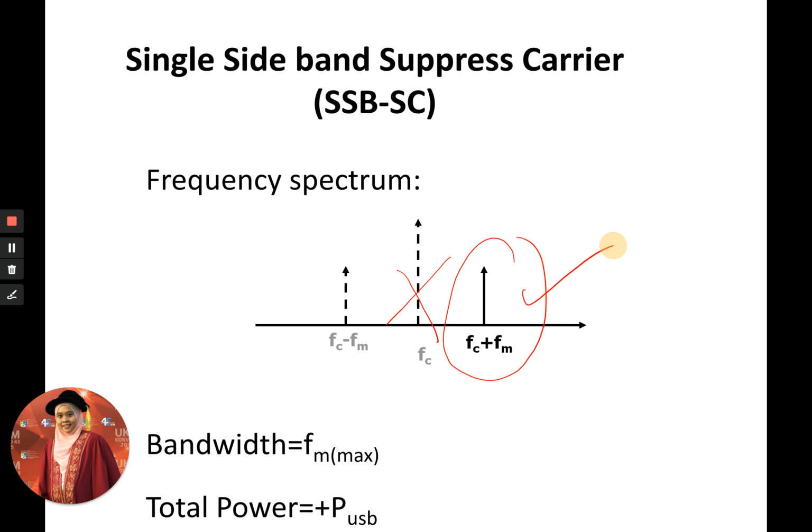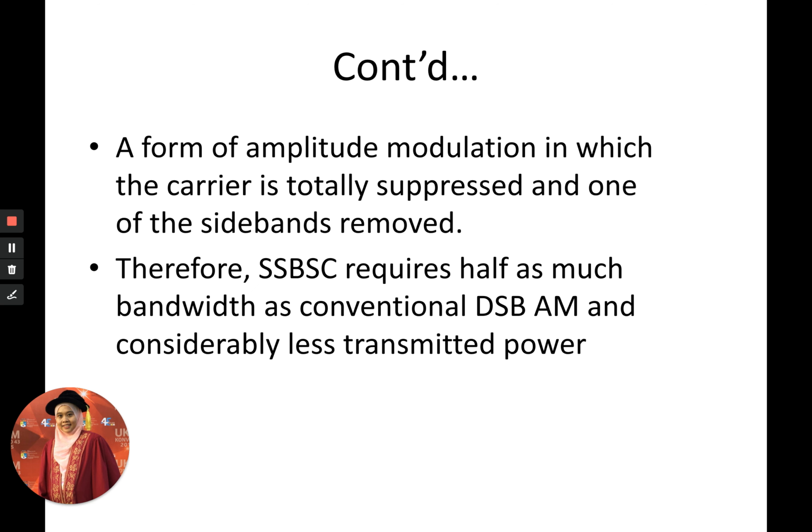We only take the power of one of the sidebands. So for this one, the carrier is totally suppressed or eliminated, and only one of the sidebands will be seen on the frequency spectrum. Therefore, SSBSC requires less bandwidth compared to the DSB system, as well as the SSB full carrier system.